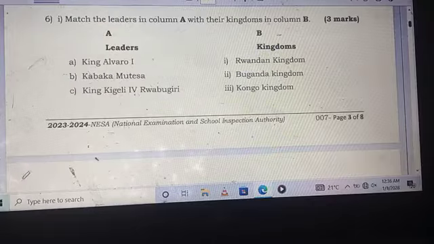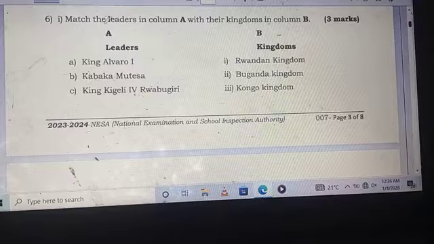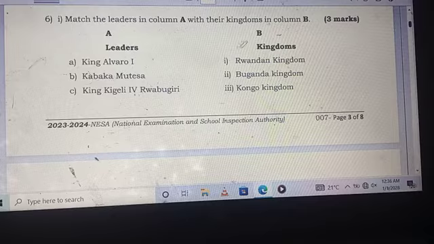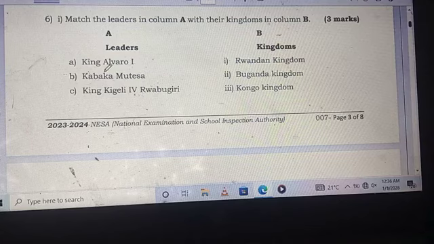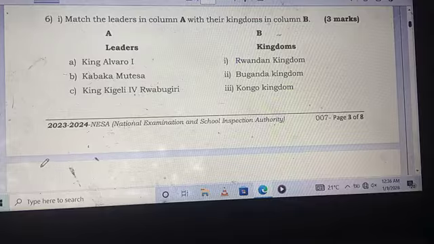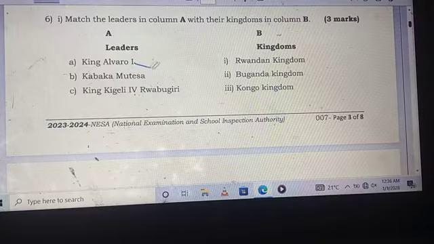Question 6, I. Match the ruler in column A with their kingdom in column B. Column A we have rulers, column B we have kingdoms. We are going to match each ruler to the kingdom. First A, King Alvaro I, matches to III, Congo Kingdom.